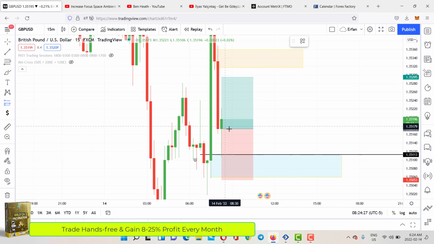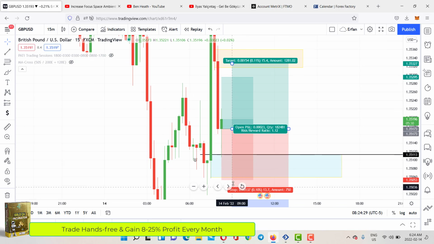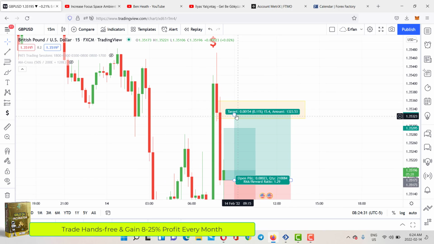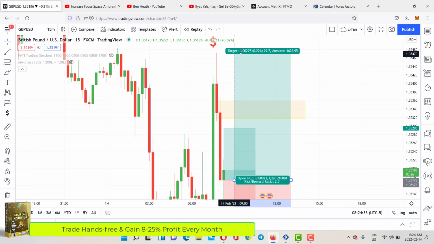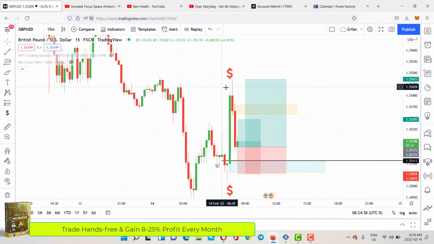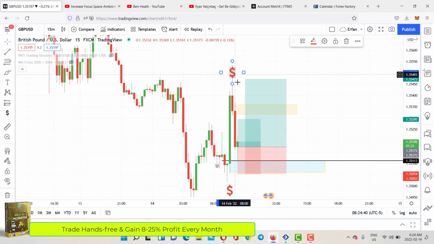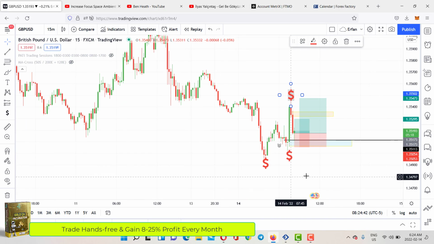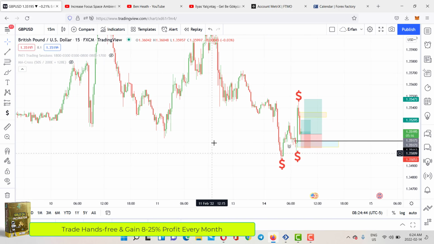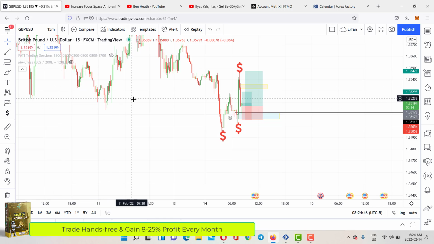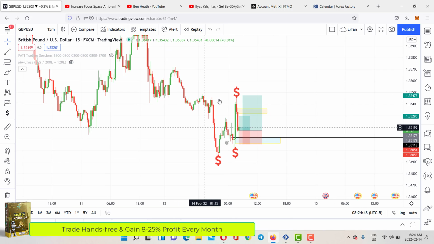I also entered the second trade from here to here, and my stop loss, my TP right here. Okay, because it's a really high point. There's so much liquidity around this area, and we don't have any gap below this area. So what I can say is that it probably goes all the way up.